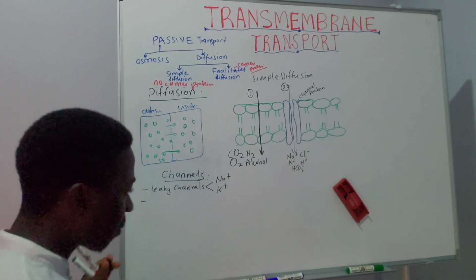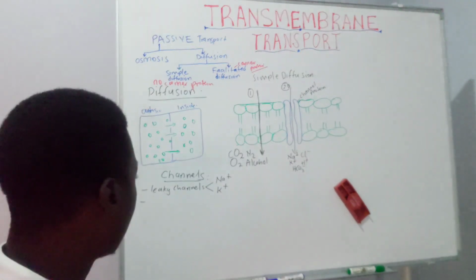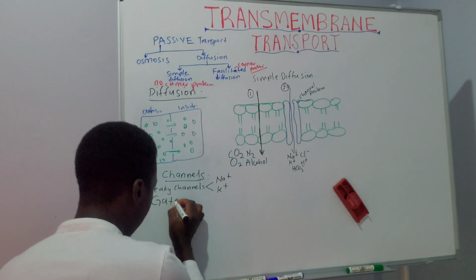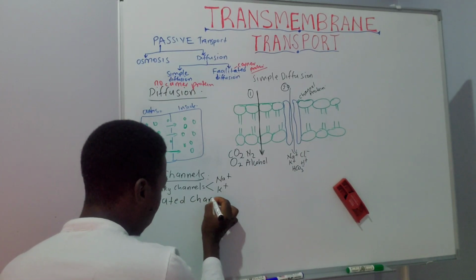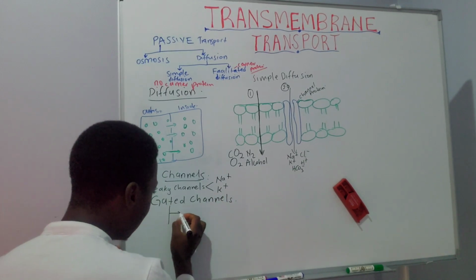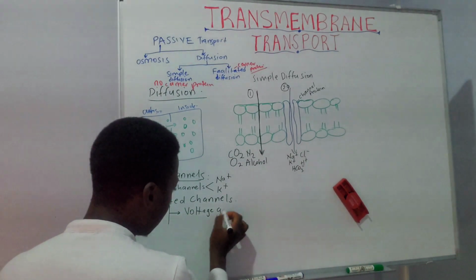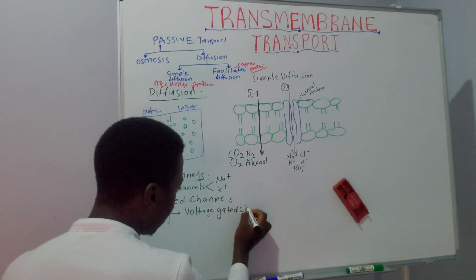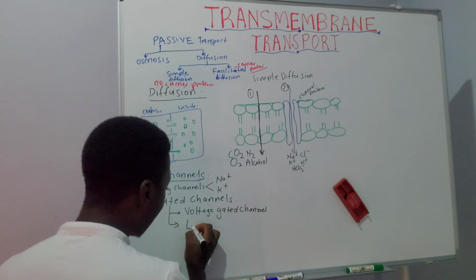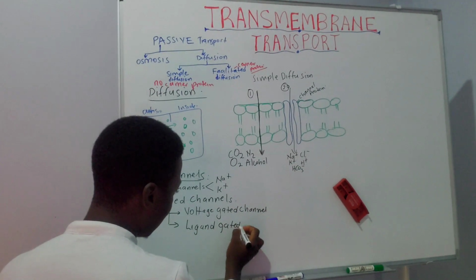But another important thing to remember that helps us classify these channels is what we call the gated channels. These gated channels can be voltage gated channels, but we can also have ligand gated channels.